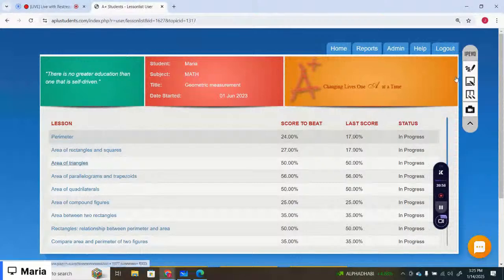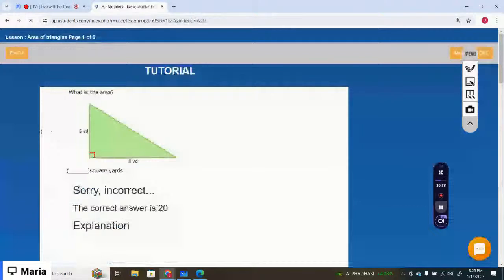The next lesson is area of triangles. What is the area?